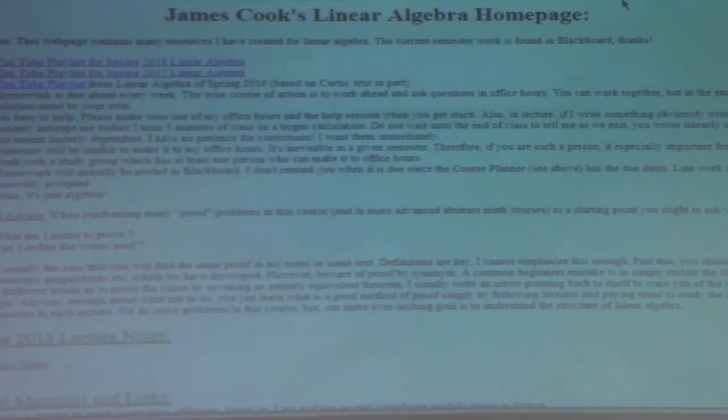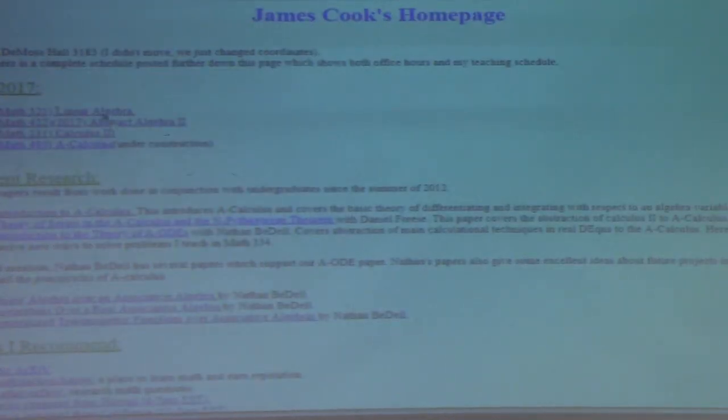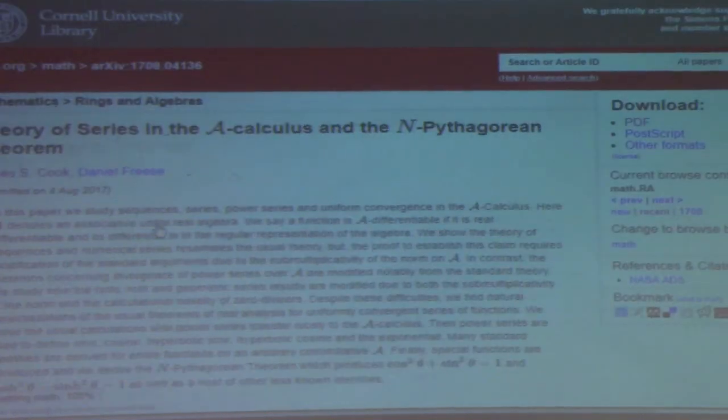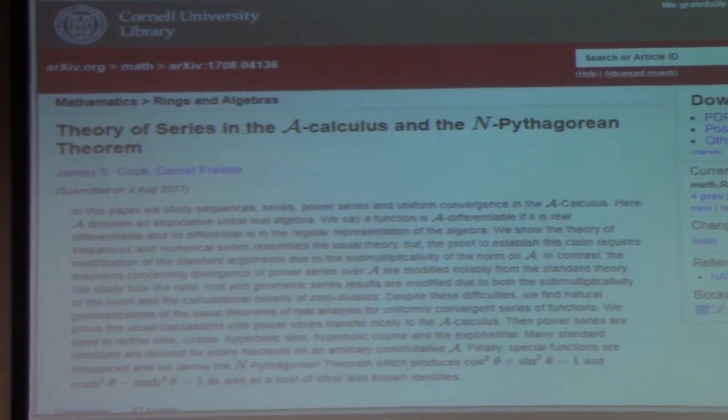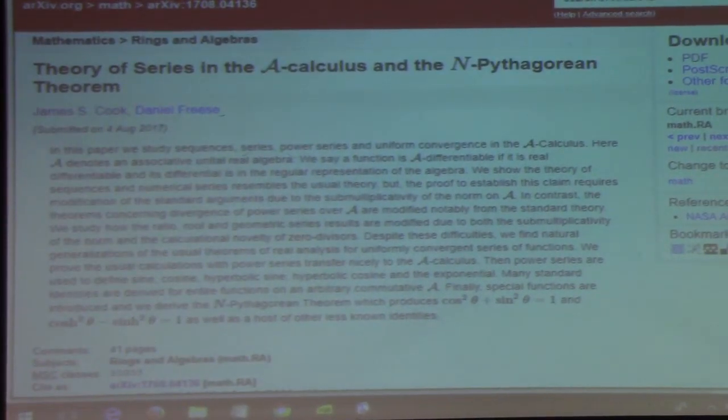All right, going back to it. At the top of my homepage, I've got those papers linked, so I wanted to talk about the second one, Theory of Series. Now, in terms of publications, I'm still trying to figure out where to publish this thing.